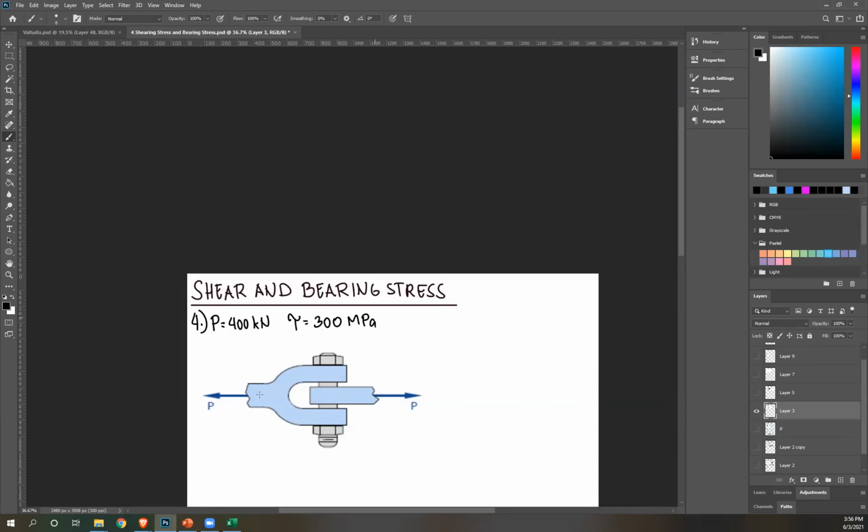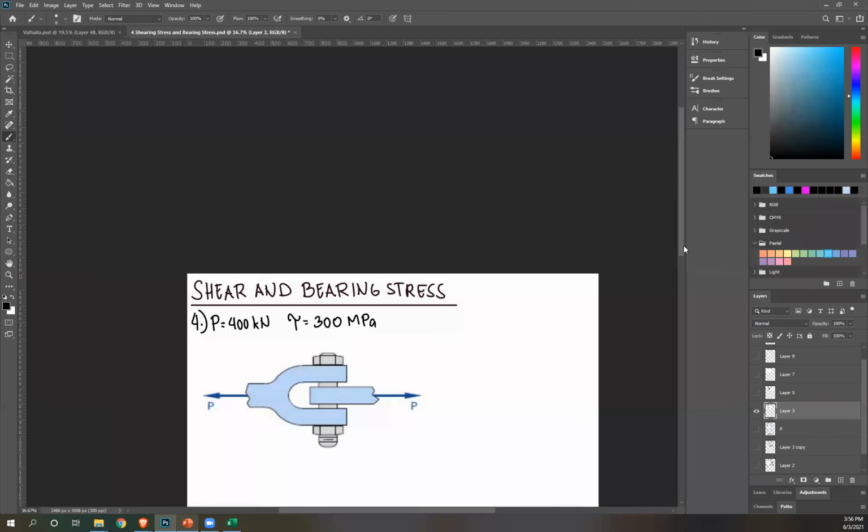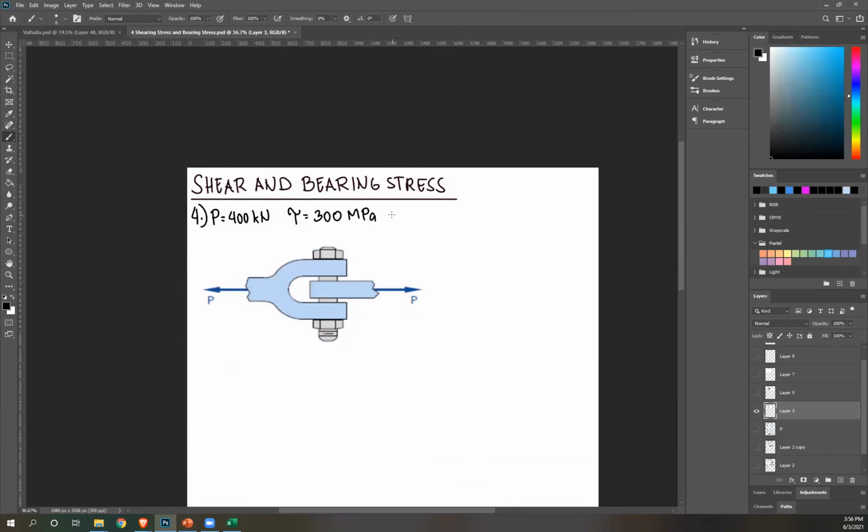And what are we looking for? Smallest diameter that will not exceed this stress. Okay, so we're looking for D. So tau equals V over A. Tau being 300 MPa, once again, that's Newton per millimeter squared. Keep that in mind.